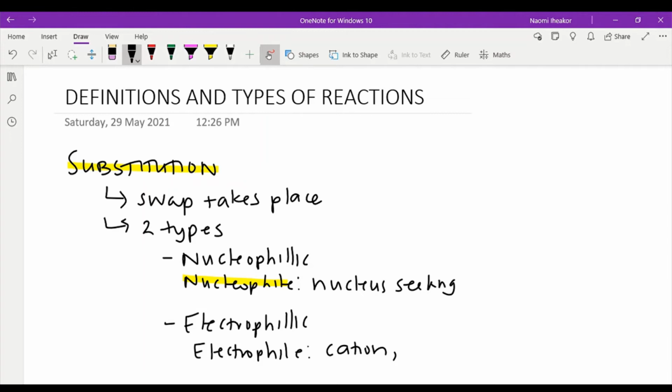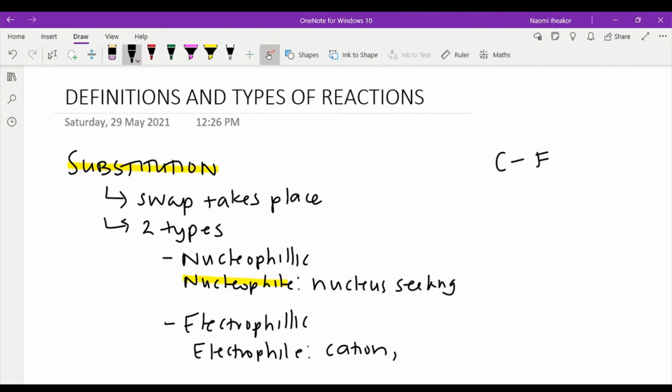So for example, if we have a look at this bond here, this is a bond between carbon and fluorine. And we know that fluorine is electronegative, and so it has a greater pull on shared electrons.